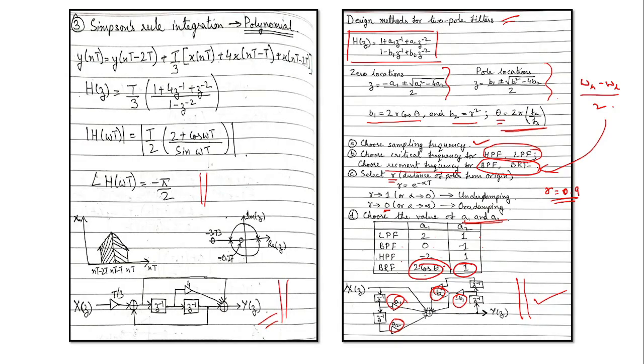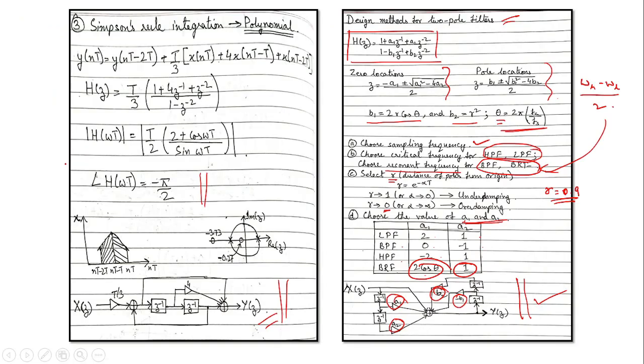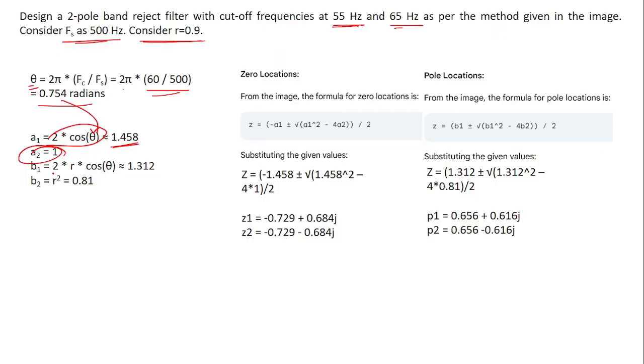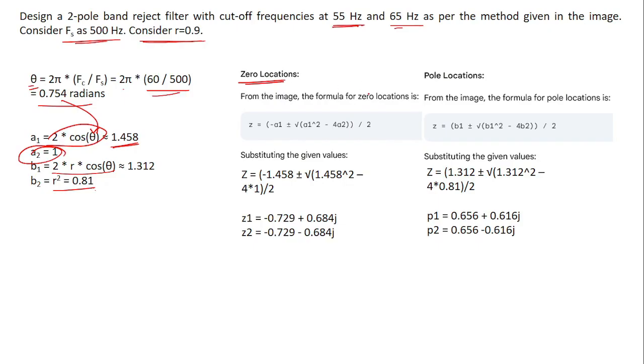A1 is 2 cos theta, A2 is 1, B1 is 2r cos theta, B2 is r square. Theta we already got from here. Now zero locations: z equals minus a1 plus or minus under root of a1 square minus 4 a2, divided by 2, right?